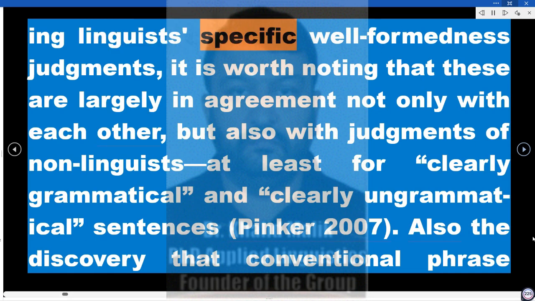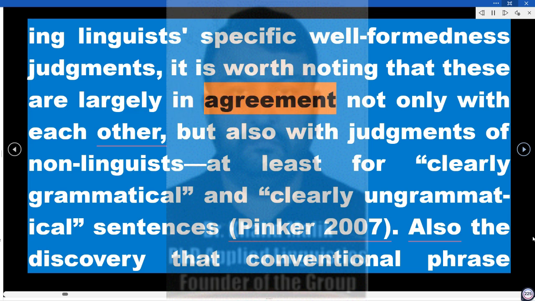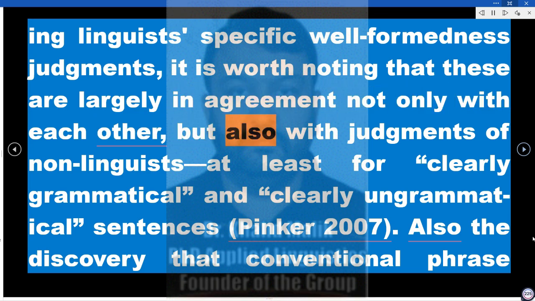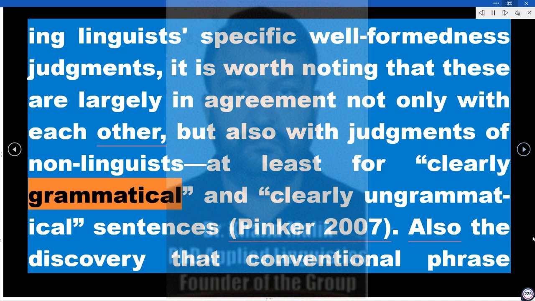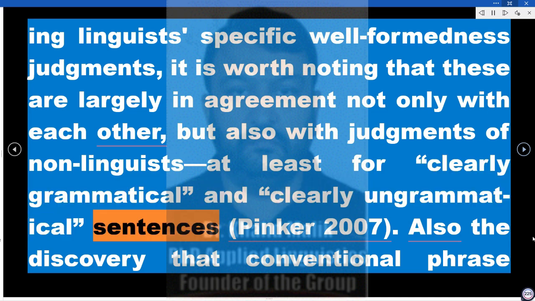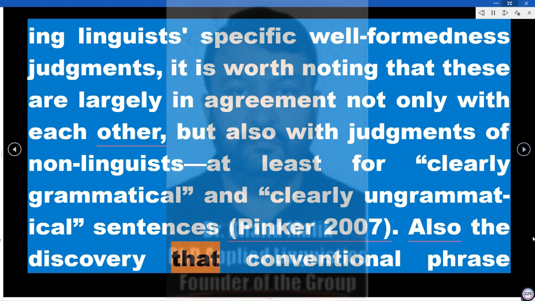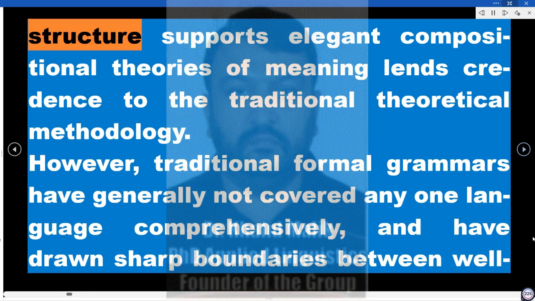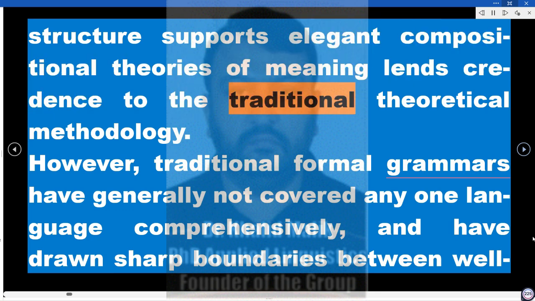Concerning linguists' well-formedness judgments, it is worth noting that these are largely in agreement not only with each other, but also with judgments of non-linguists, at least for clearly grammatical and clearly ungrammatical sentences (Pinker 2007). Also the discovery that conventional phrase structure supports elegant compositional theories of meaning lends credence to the traditional theoretical methodology.